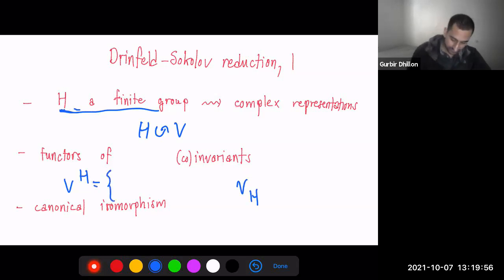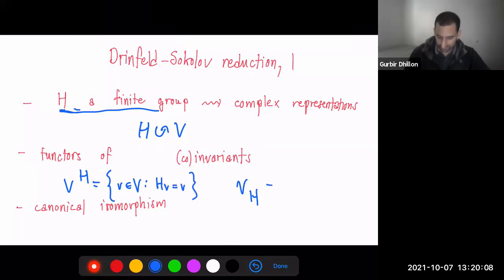So that's how you try to gauge the action. In the first case, you're taking the maximal submodule on which the group acts trivially. And in the second case, you're taking the maximal quotient on which the group acts trivially.